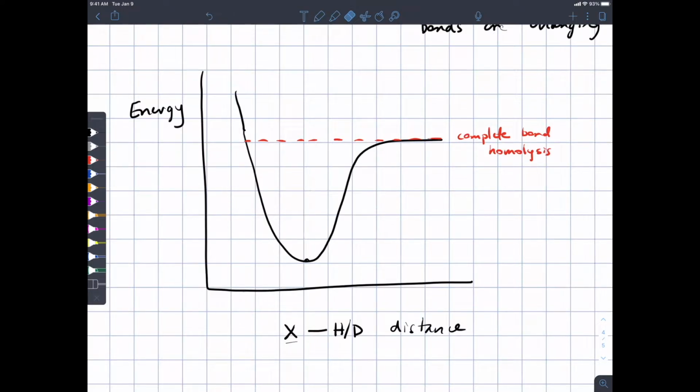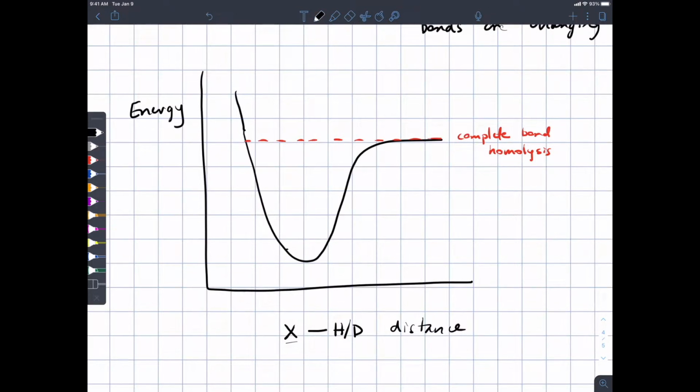Now, it turns out that no bond ever just adopts this lowest energy. Bonds have what are called zero point energy. Even at 0 Kelvin, there's some residual zero point energy and some residual bond vibration.